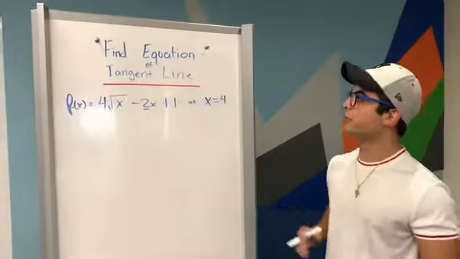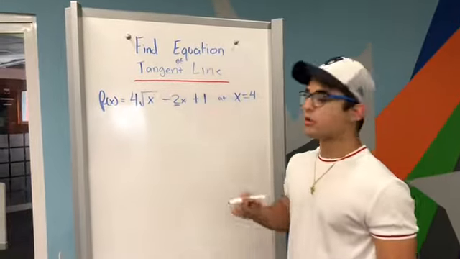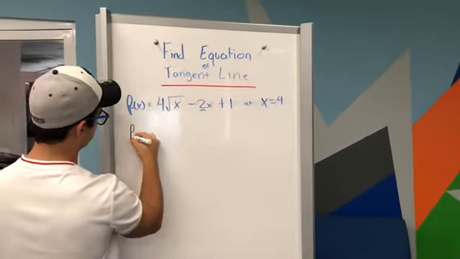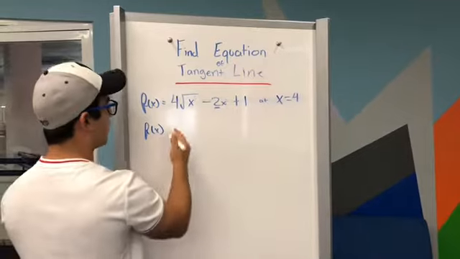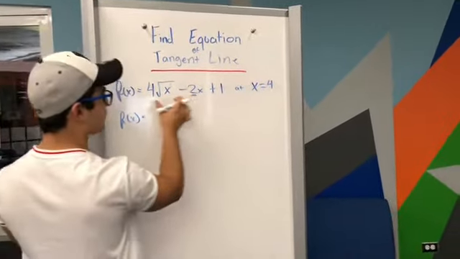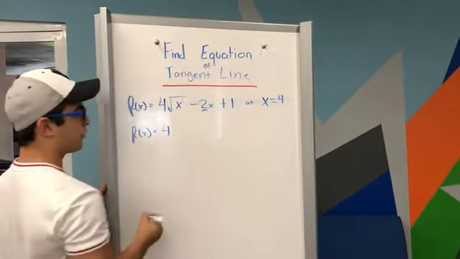Now we're gonna find the equation of a tangent line of this equation. What are we gonna do first? First of all, we're gonna copy the f of x, and we're gonna rewrite the square root and the whole equation. But first we start with the 4 square root of x.